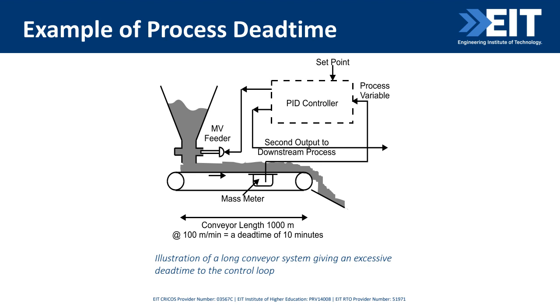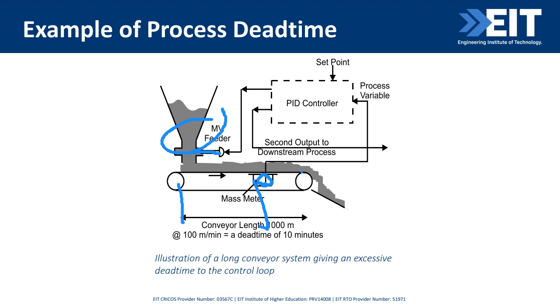So here we have a conveyor. Here's the conveyor running happily. It's got a feeder. We're feeding onto the belt and measuring the mass over here. So from the time you're controlling the feed to the time you measure something, there's a delay. And you may find that you have an unhappy delay.